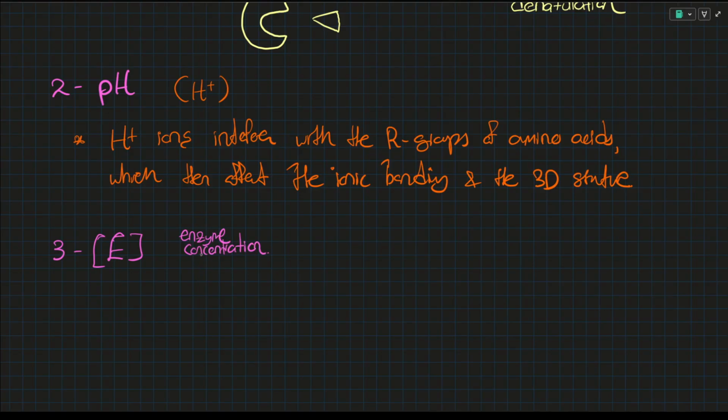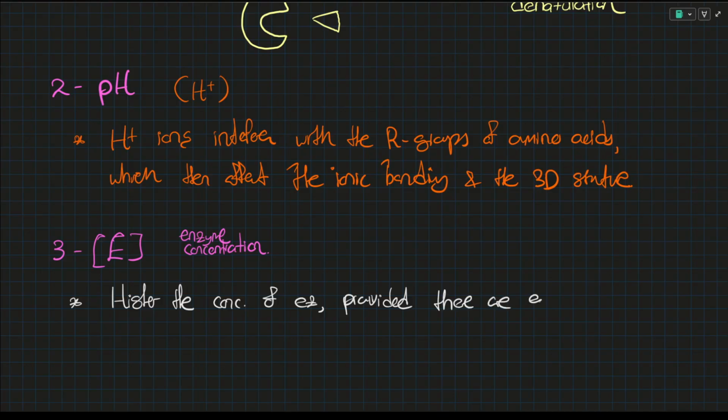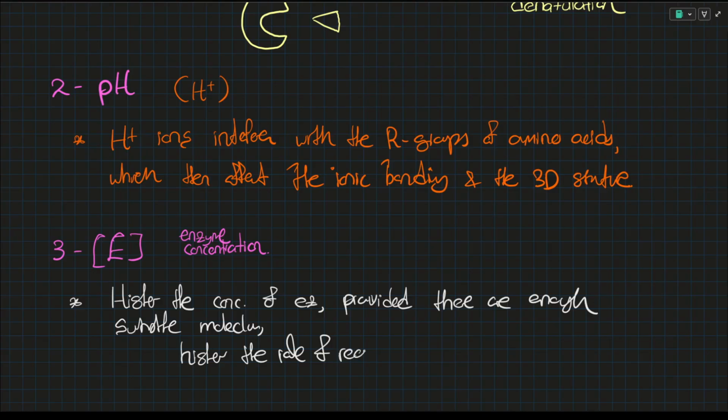In a perfect world, if you have more enzymes, more catalysis can occur. The higher the concentration of enzymes, provided we have enough substrate molecules, we will have a higher rate of reaction.